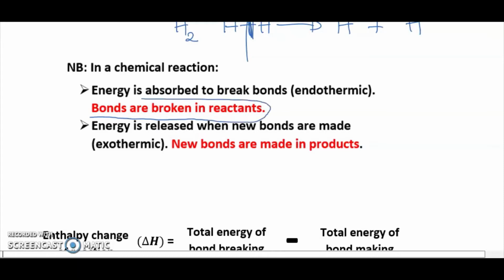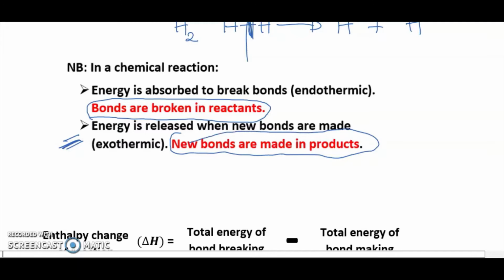Very important to note this. Bonds are broken in reactants, and energy is also released when new bonds are made. That is, it is an exothermic process. Remember, the absorbing of energy is endothermic, while the release of energy is exothermic. And new bonds are made in products. Very important for you to note this. New bonds are made in products.